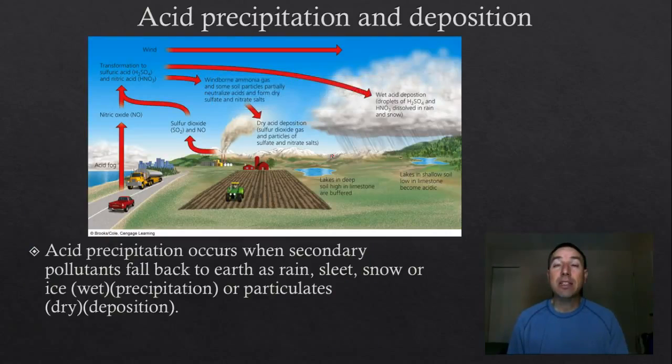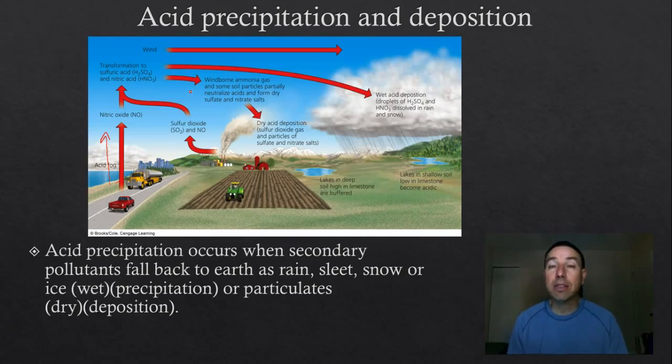So how does acid deposition or precipitation occur? Remember, we have all these pollutants coming up, so we can have nitrogen oxides and sulfur dioxides, and those combine with water in the atmosphere. Then as the water condenses, that water falls.